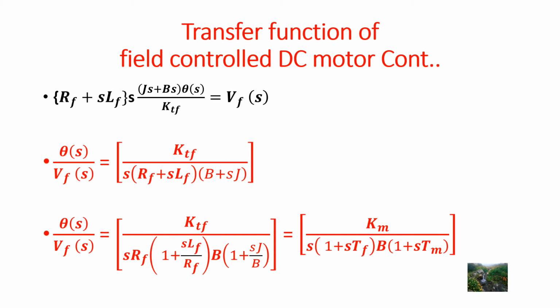That is, theta(s) by V_f(s) is equal to K_Tf divided by s R_f (1 plus sL_f divided by R_f) B (1 plus sJ divided by B). This can be represented as K_m divided by s (1 plus sT_f) B (1 plus sT_m).